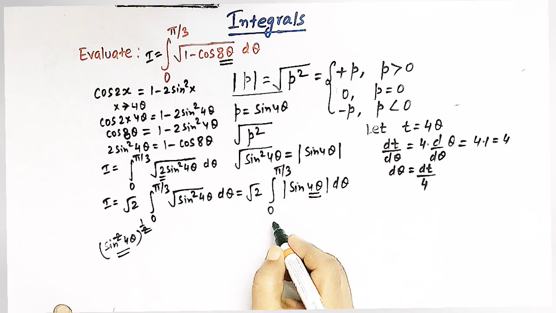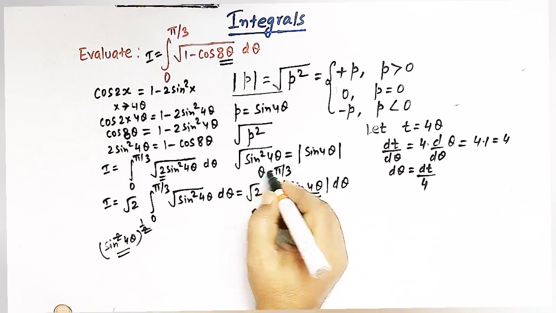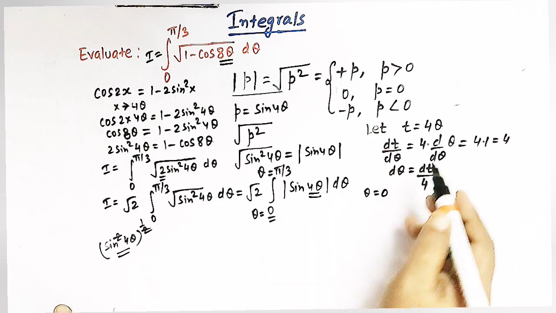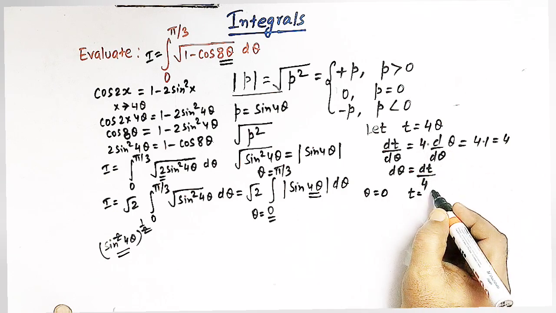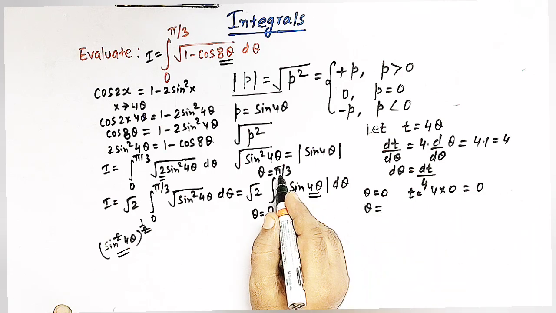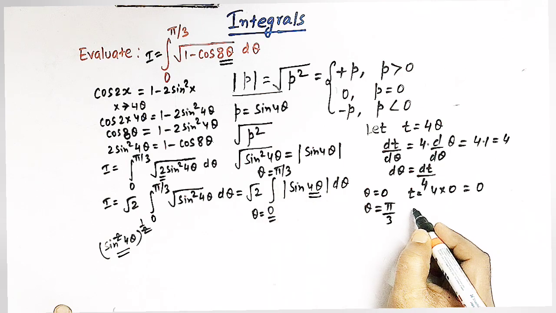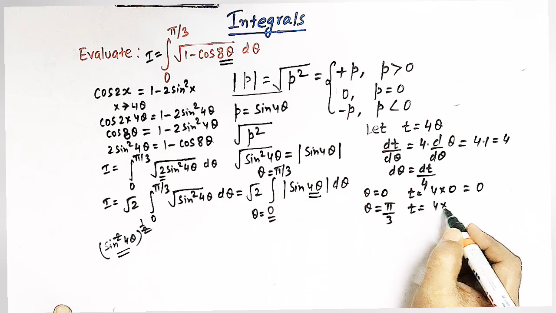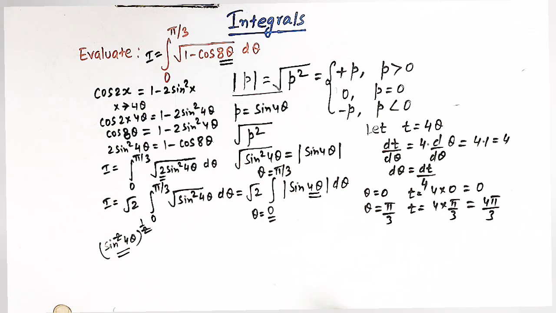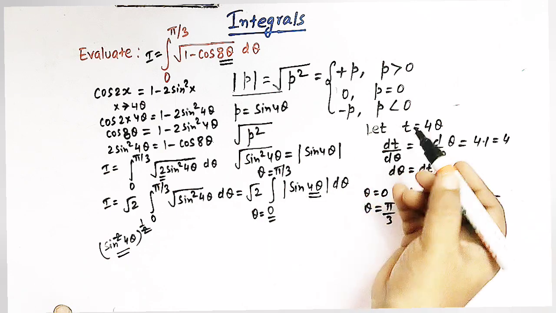Now let us change the limits accordingly. Theta varies from 0 to pi by 3. When theta is 0, t is 4 times 0, that is 0. When theta is pi by 3, the upper limit, t is 4 times pi by 3, that is 4 pi by 3. Now let us rewrite this integral in terms of t.